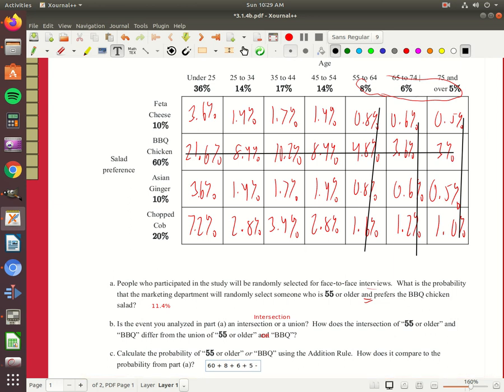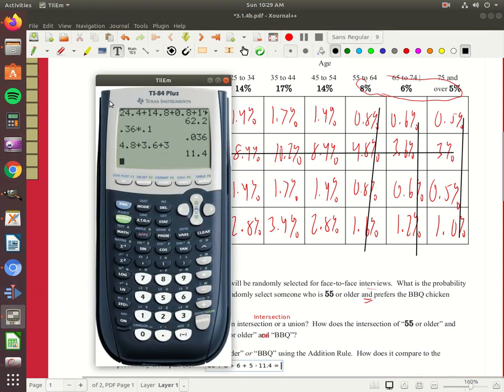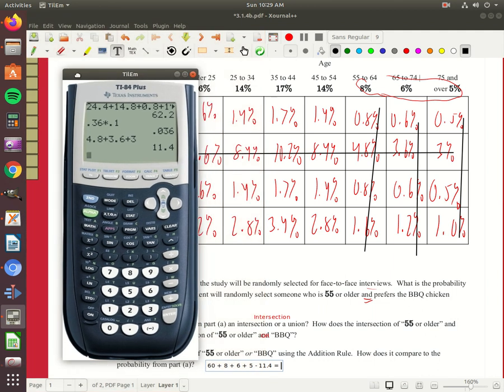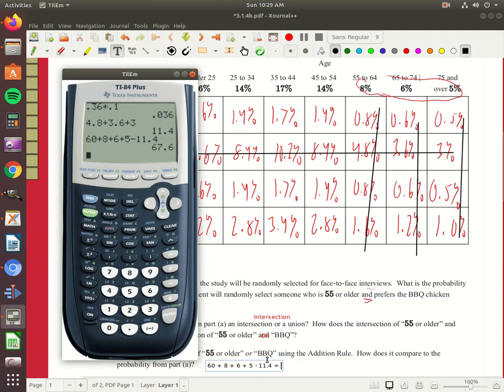And then we'll just subtract the 11.4% we already counted, and that will give us our answer. So it's 60 plus 8 plus 6 plus 5 minus 11.4. We're going to get 67.6% of people are the or.